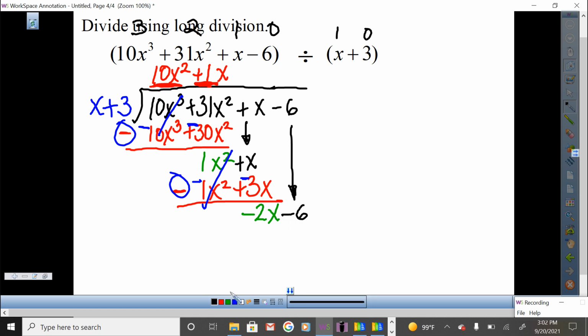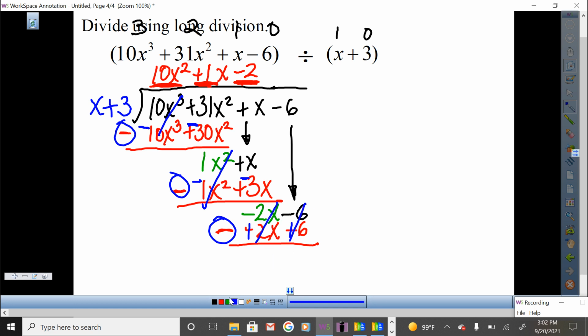All right. Therefore, we start the process one more time. What number times x gives us negative 2x? Negative 2. Negative 2 times x, that's negative 2x. Negative 2 times 3, that's negative 6. We're going to subtract. Once again, what does that mean? Plus, plus, because we do the opposite, yes, we distribute it.